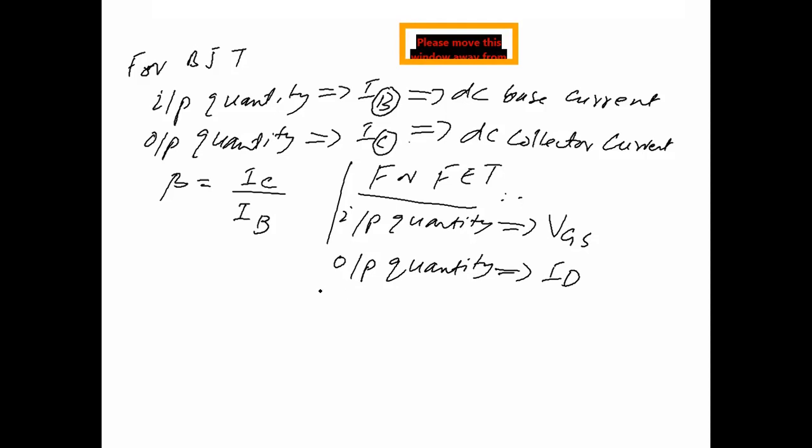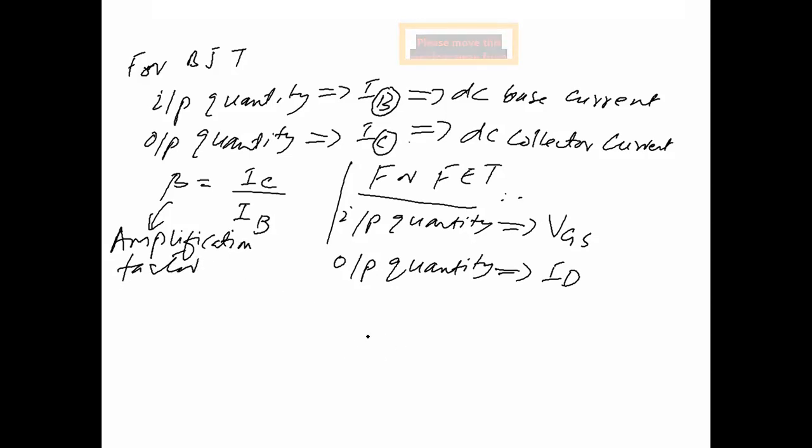So output quantity divided by input quantity is the amplification factor. In case of FET, the important parameter is ID divided by VGS.